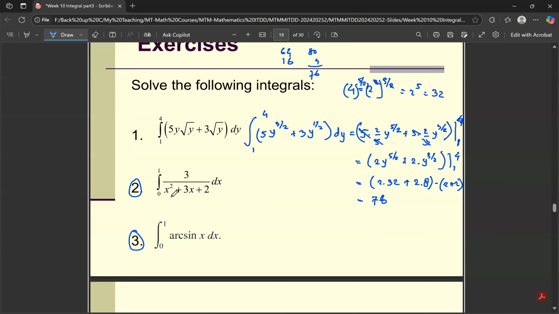For example, in number 2, please first find the indefinite integral of 3 divided by x squared plus 3x plus 2, dx. And then after you get the antiderivative, you can evaluate it from 0 to 1.